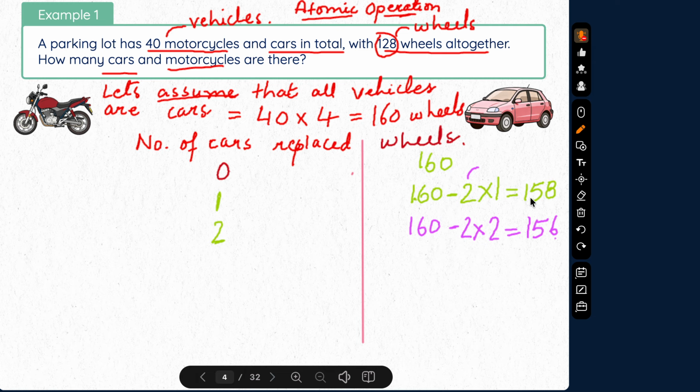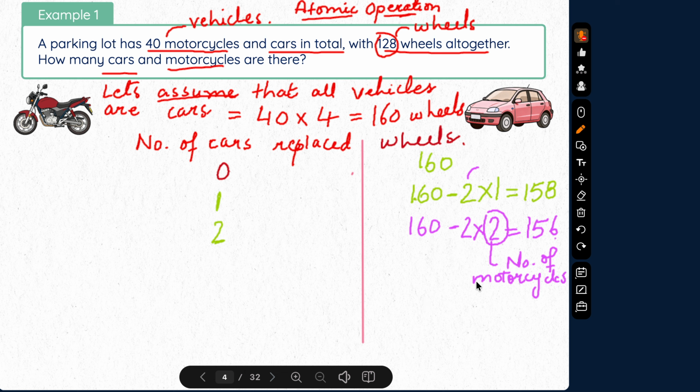This is just a way of making a clear equation out of it. 160 minus 2, where 2 is the number of wheels when I convert a car to a motorcycle, and in this case we have 2 motorcycles. This is the number of motorcycles.